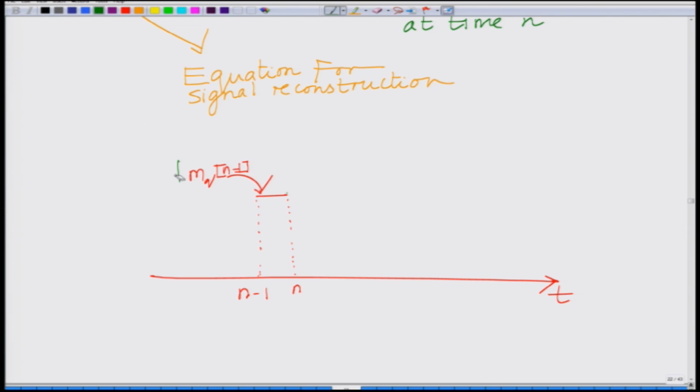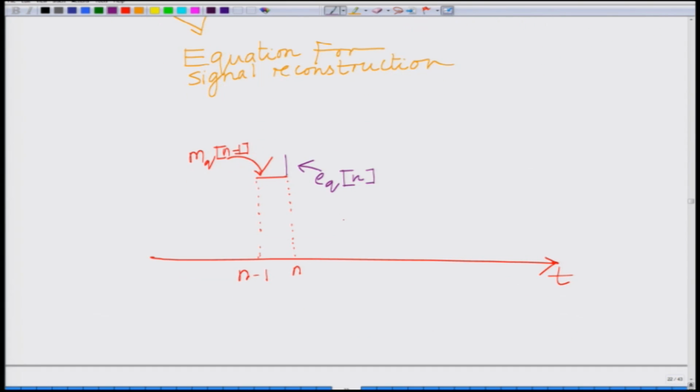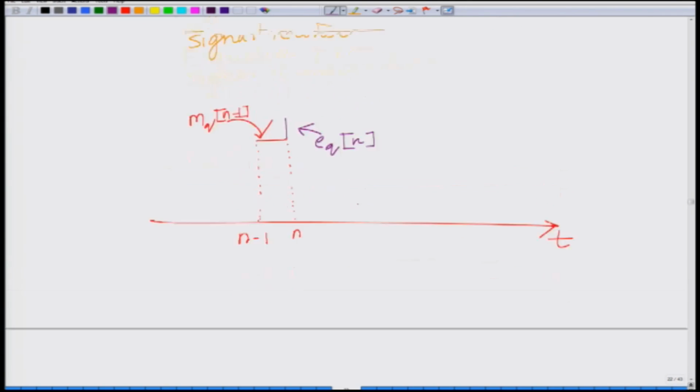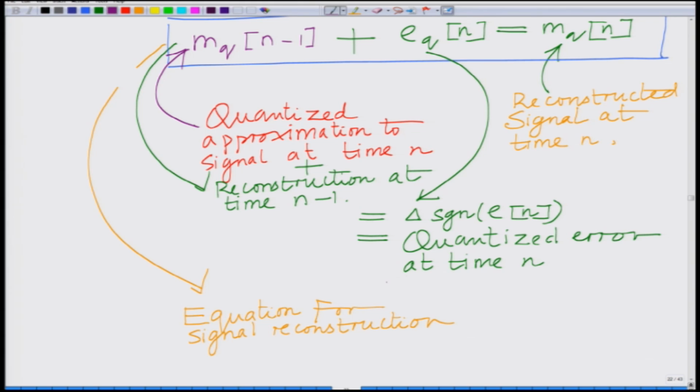So, this is your MQ[n-1], to this you add EQ[n], which is the quantized approximation to the error in delta modulation, and this is equal to either plus delta or minus delta.